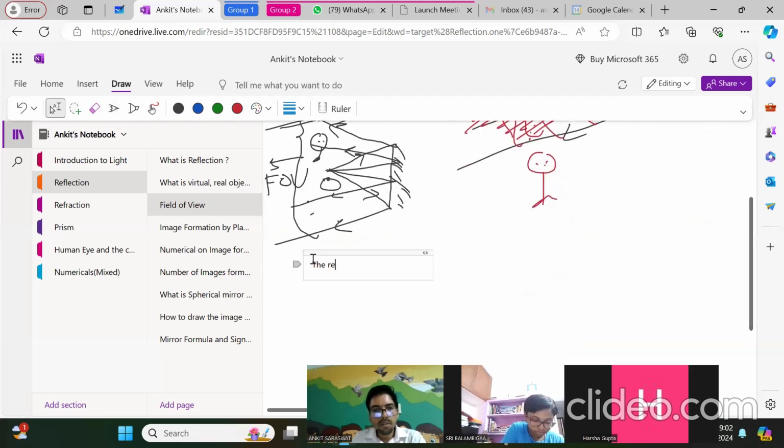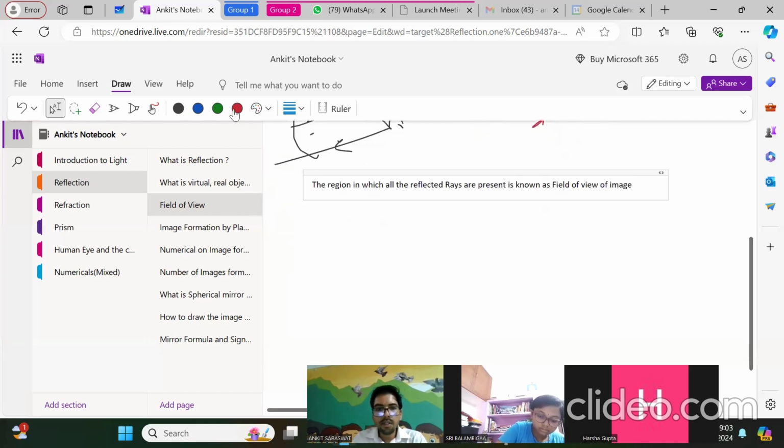The region in which all the reflected rays are present is known as field of view. What you are viewing? Image. Field of view of image. Now draw this diagram. Write this definition and draw this diagram, which I am drawing here.